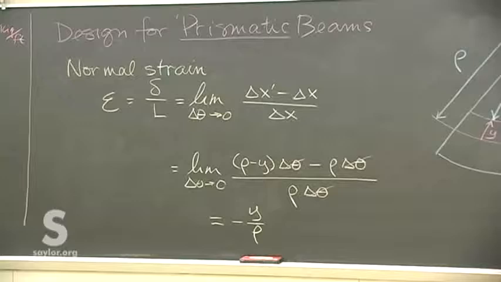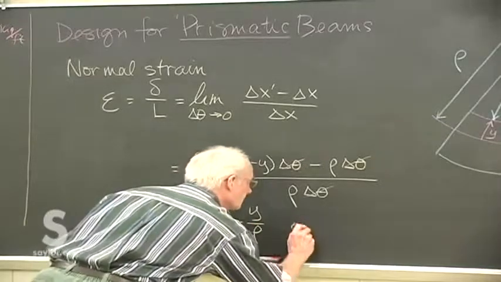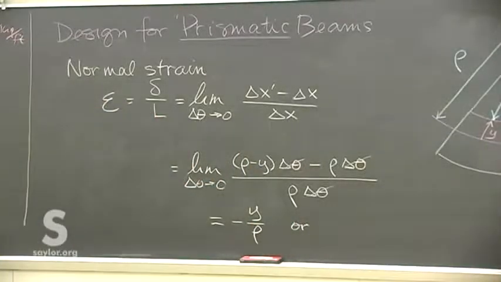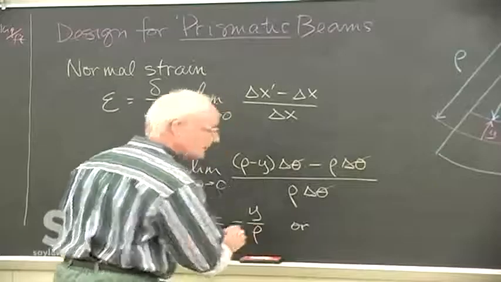That's pretty simple. By golly, that's a linear distribution of the strain across the cross section. That couldn't be much simpler for us.